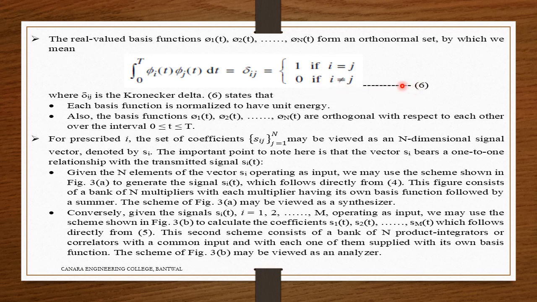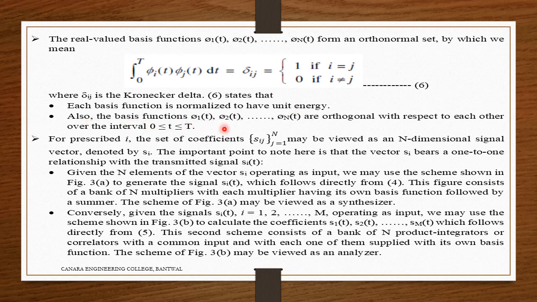That's equation 6, where delta ij is the Kronecker delta. That is, equation 6 states that each basis function is normalized to have unit energy.